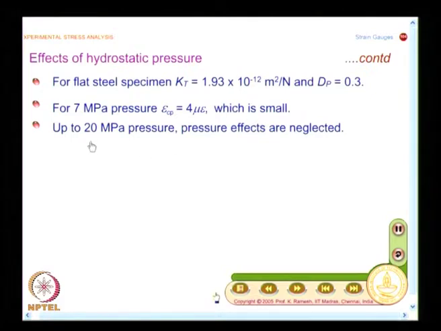The recommendation is that up to 20 megapascal, pressure effects are neglected. That is the outcome of the study. When the pressures you are handling are of the order of 20 megapascal, you need not make any special efforts to correct for the hydrostatic pressure effects.